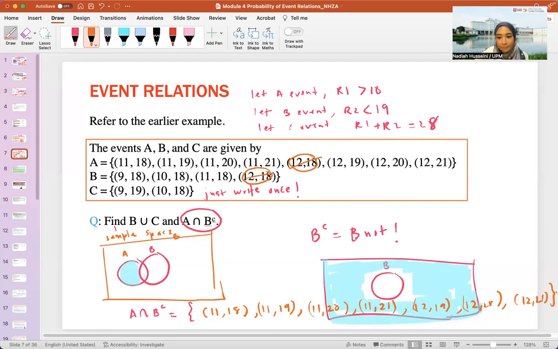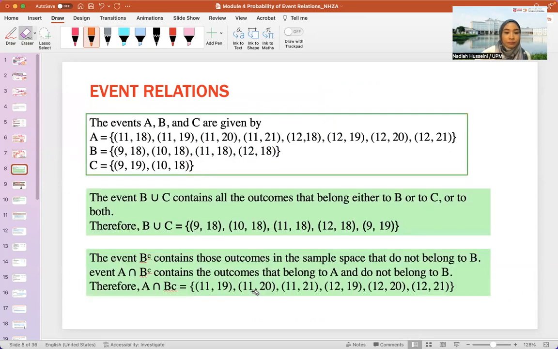Yep, 11, 18 as well. Oh, okay, sorry, I didn't see it. 11, 18, thank you. 11, 18 needs to be removed because it doesn't satisfy. Okay, so any questions about this one? Everyone's okay? All right, moving on. So this is the answer.